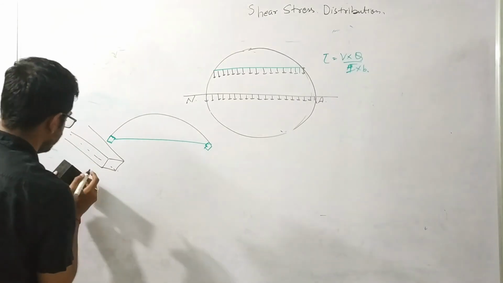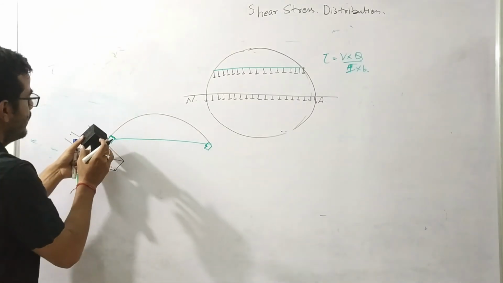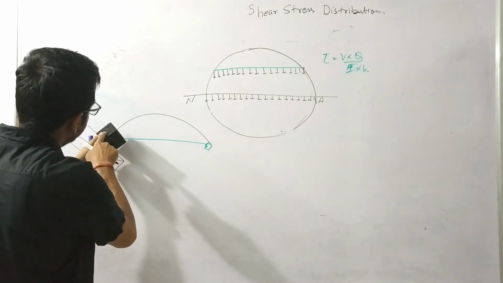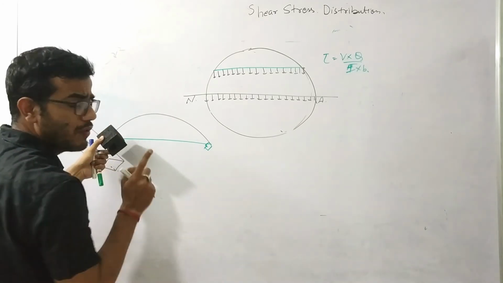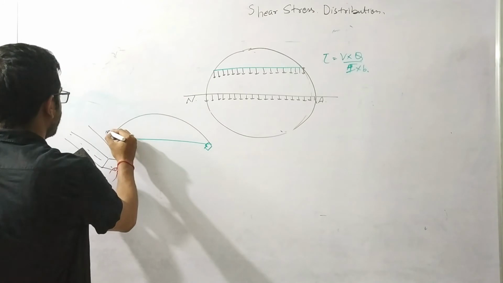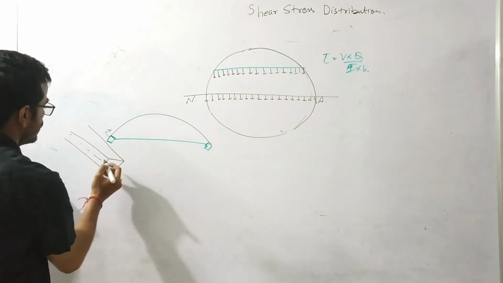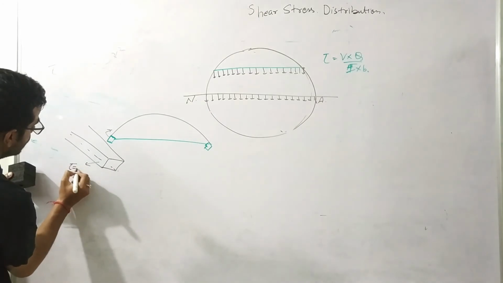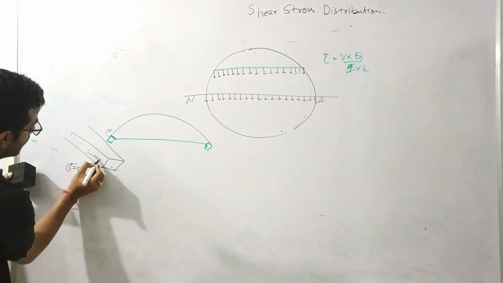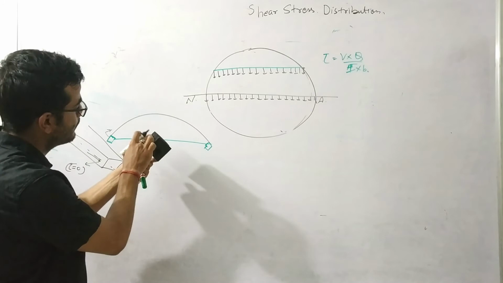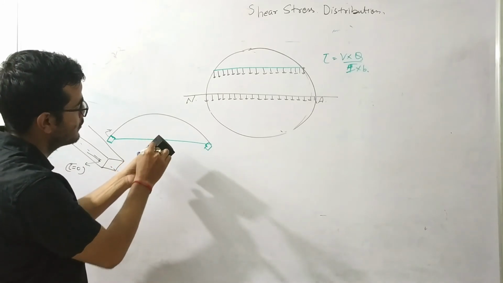There won't be any shear stress at this outer surface. At the outer surface, I'm not getting any shear stress. Why? Because this is the outer boundary. The shear stress tau equals 0 over here, so my tau will be 0 at this point.